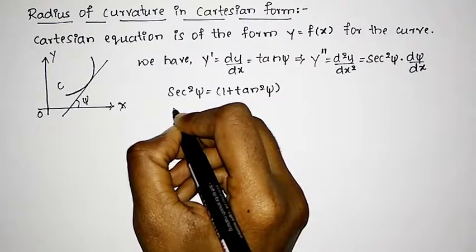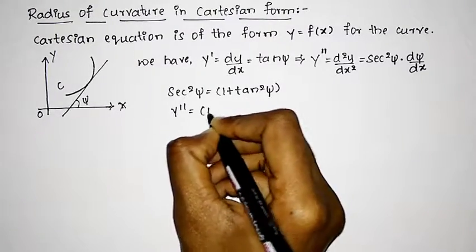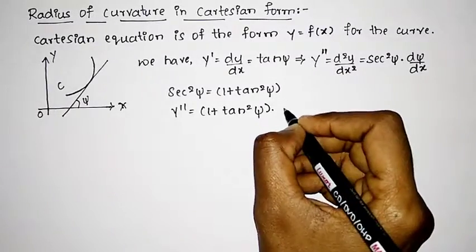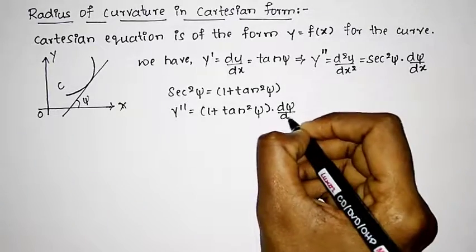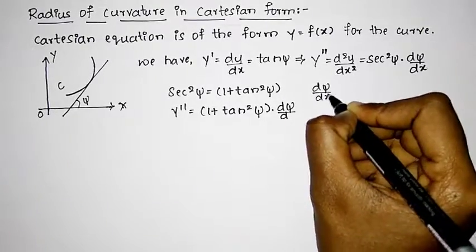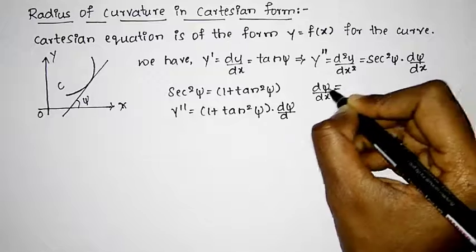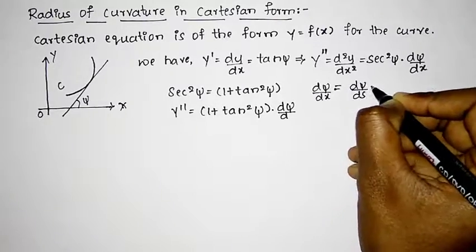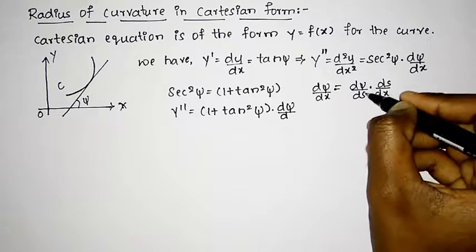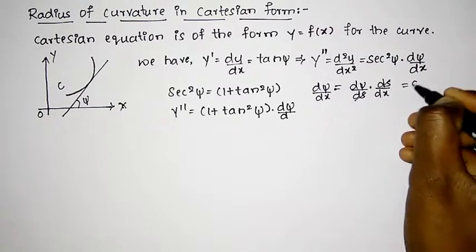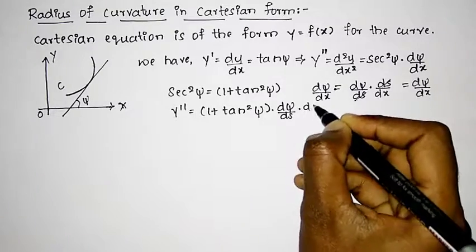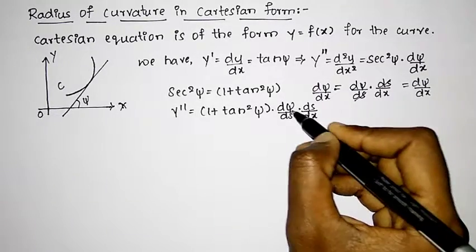Then we can substitute, so y double dash can be written as 1 plus tan square phi into d phi by dx. And d phi by dx can also be written as d phi by ds into ds by dx, because ds and ds get cancelled and the remaining is d phi upon dx.